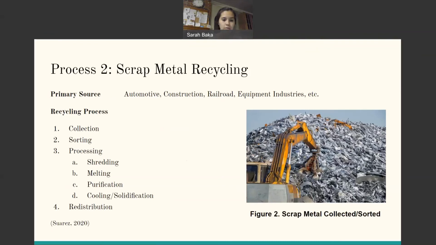Then they go through processing according to the type of metal. They're first shredded and then melted, purified to make sure there are no impurities within that metal, and then cooled and solidified again. Lastly, these metals are distributed back to other plants to be processed and reused in other applications. And you can see in figure 2 a pile of scrap metal being sorted.